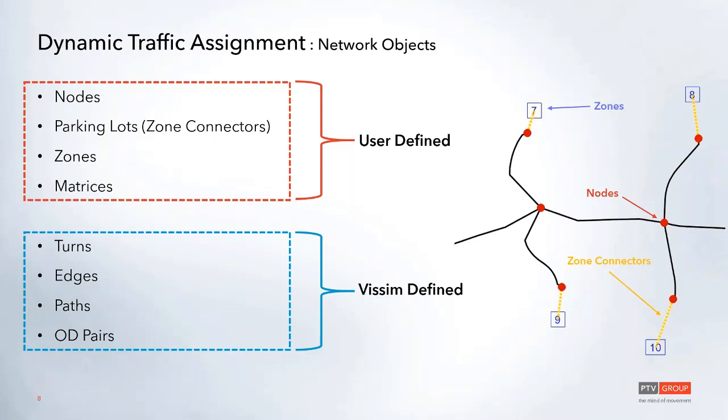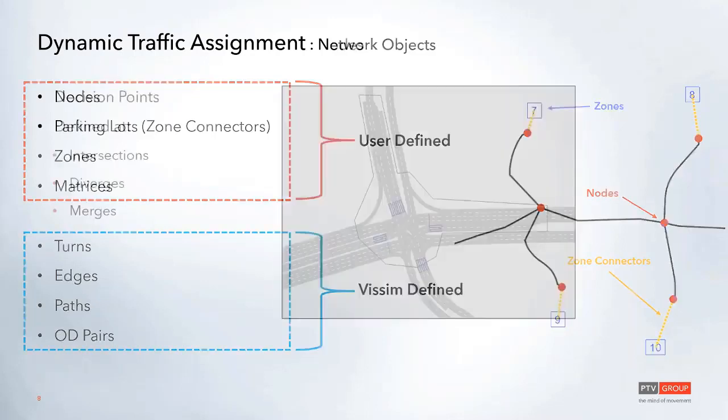And then those edges will all get grouped together to form the actual path that vehicles will take between the origins and destinations. And finally, Vissim will also define OD pairs, which are really just groups of the origins and destination zones. For example, like origin zone 7 will be grouped with destination zones 8, 9, and 10.